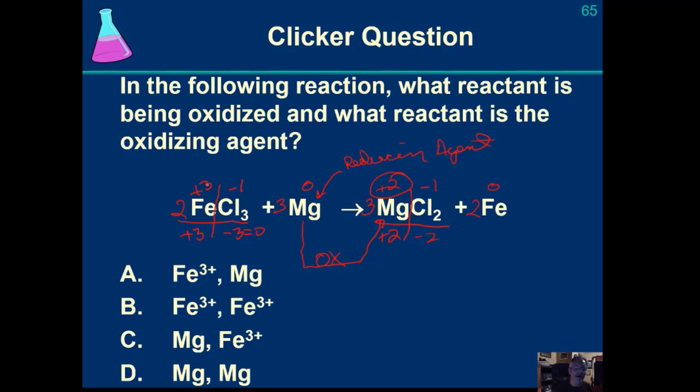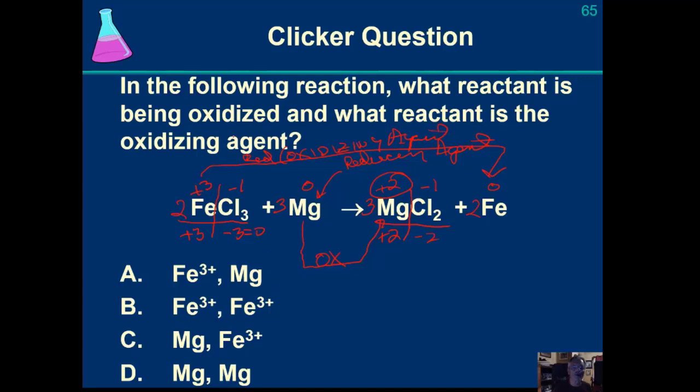Iron 3 plus is going from 3 plus to 0. It's being reduced, which makes it the oxidizing agent.